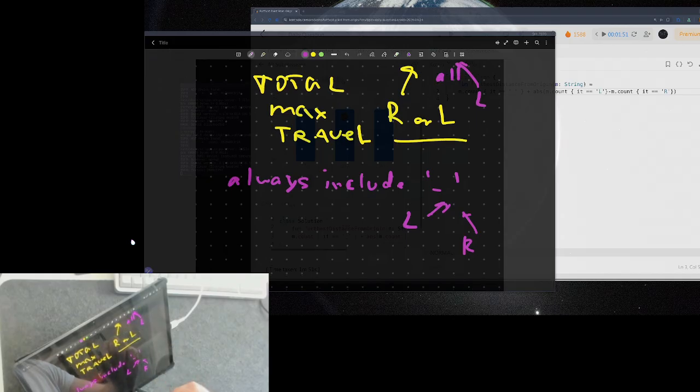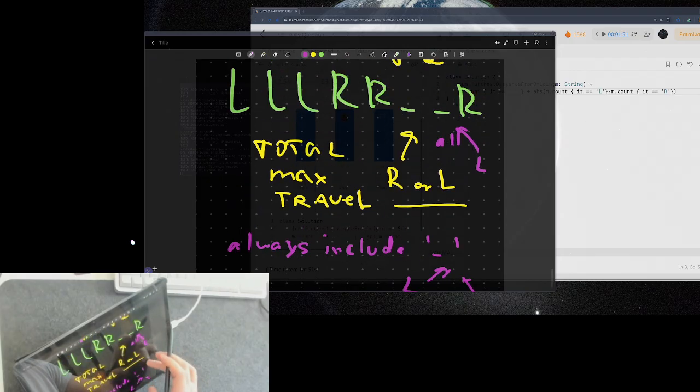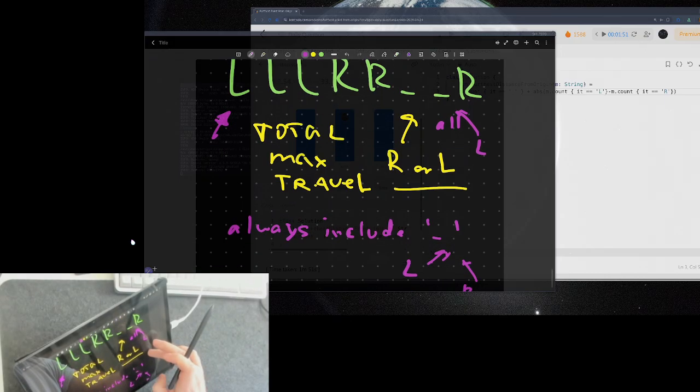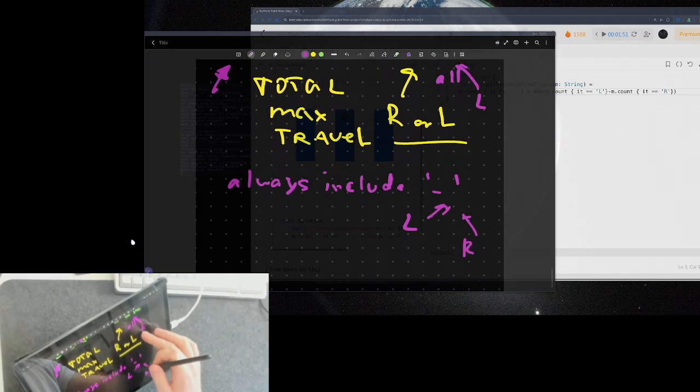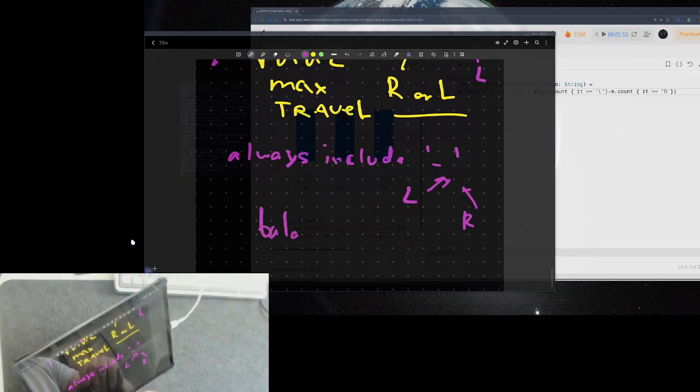Now also, you don't have to check, you can check just balance, because this is a result.